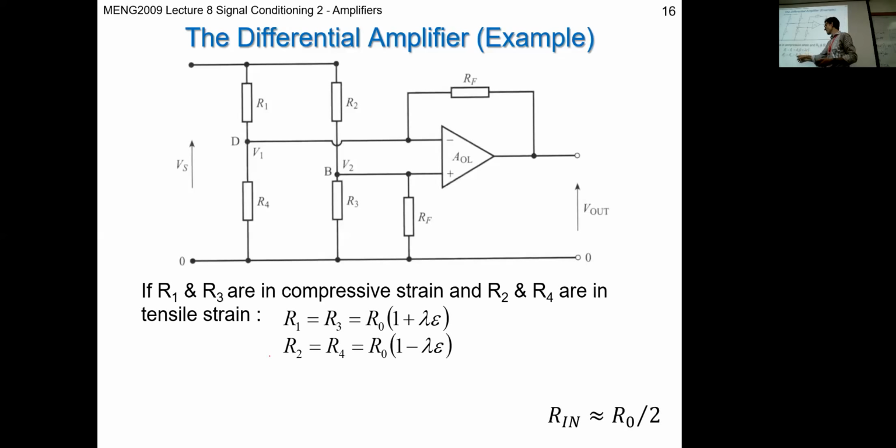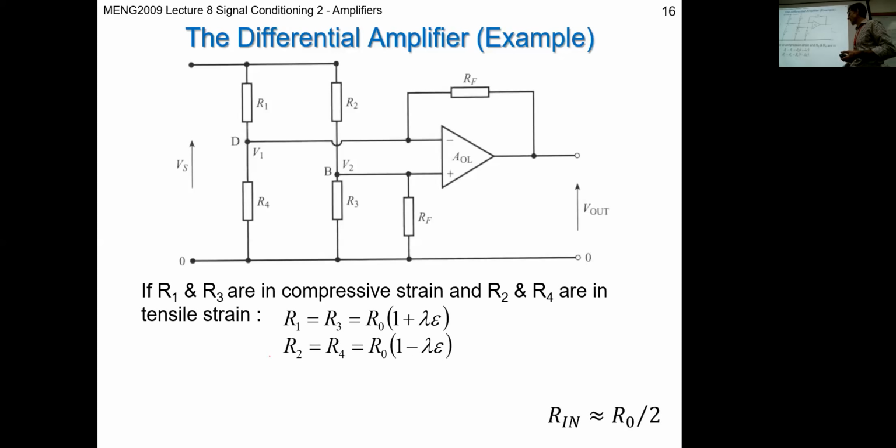And for R2 and R4, this should be a plus. It won't actually make a difference, because you'll still get the relative difference between the two being amplified. It'll make a sign difference, that's your polarity difference.